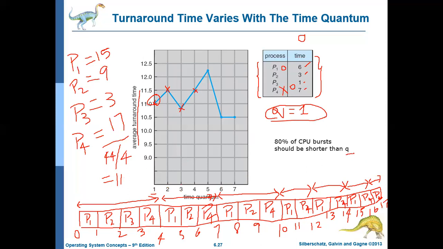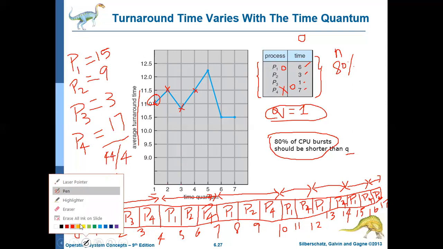Generally it is suggested that the Q value be such that 80% of the CPU bursts are shorter than the Q value. That is, if you have n jobs in the ready queue, 80% of them should have a shorter CPU burst time than the value of the quantum.